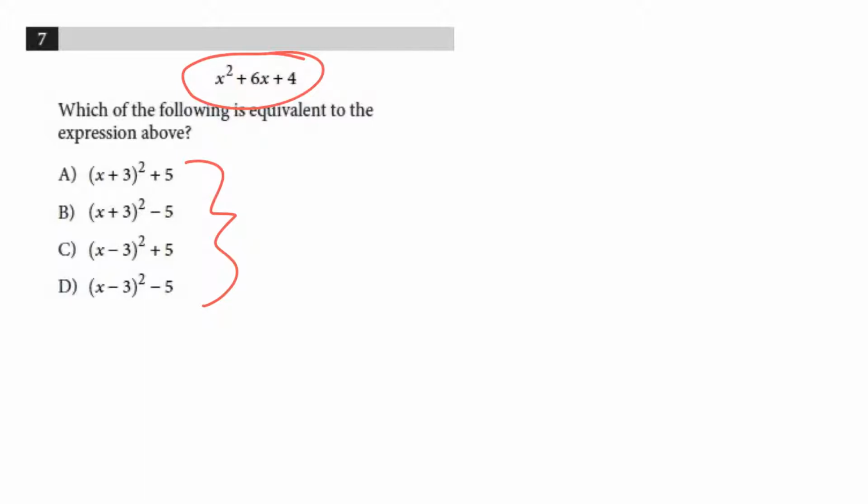Okay, so to complete the square on this expression, I'm just going to write it out. Okay, so for it to be a perfect square, you need C to equal B over 2 squared. So B is 6, B divided by 2 is 3, 3 squared is 9.